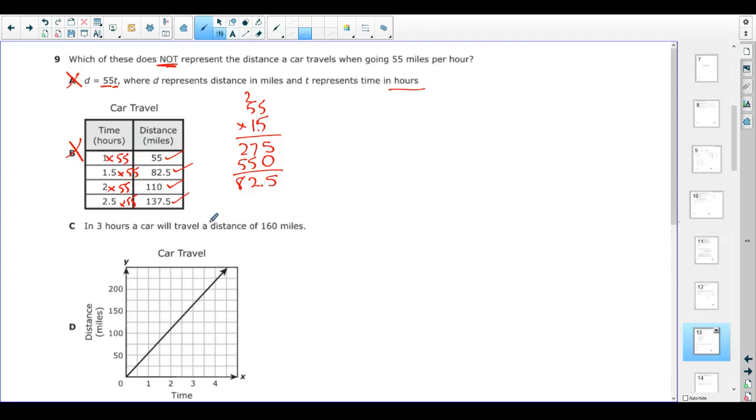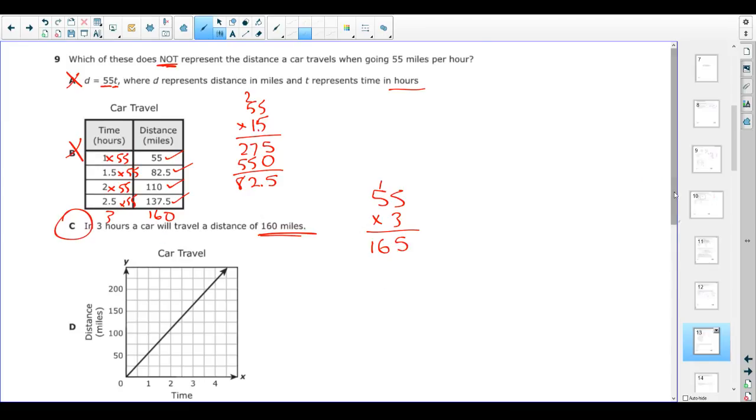In 3 hours, we'll travel a distance of 160 miles. So this is just saying, what if we kept this table going to 3? Would this point work? What is 55 times 3? That is 165. Well, that's not 160, which means that this statement is not true.